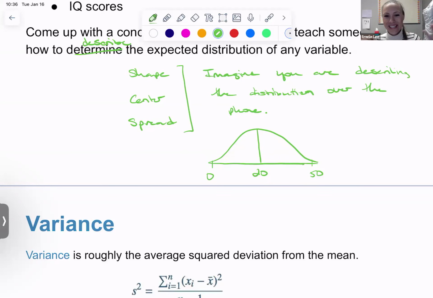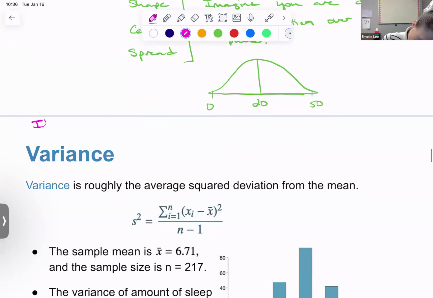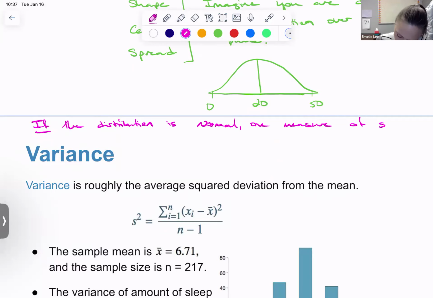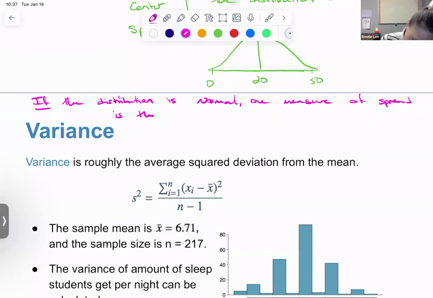If the distribution is normal, one measure of spread, because here we were just approximating the minimum and the maximum, but if we want an actual measure of spread, is the variance.